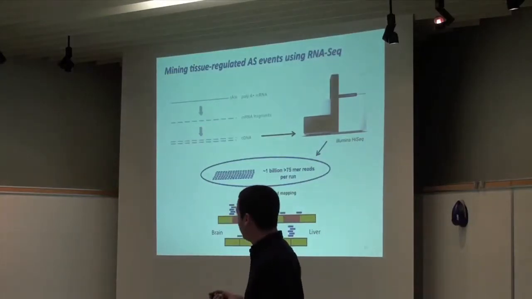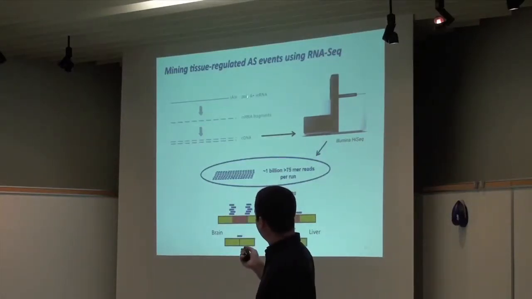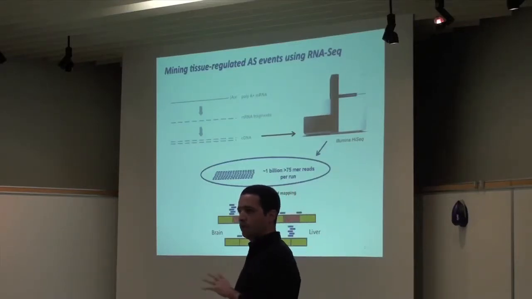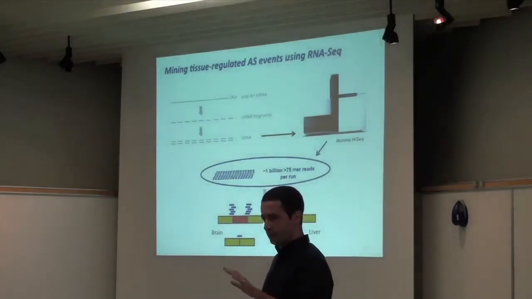And what did we do? Well, simply we got polyadenylated mRNA, fragmented it and made cDNA, and used Illumina HiSeq, which you heard about, to sequence approximately 75-mer reads for each molecule. Then we went for a very simple approach to look at alternative splicing. We didn't quantify isoforms.